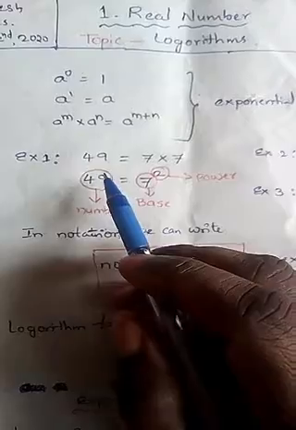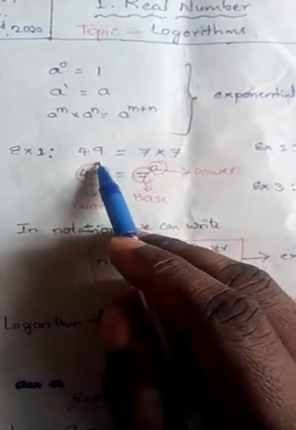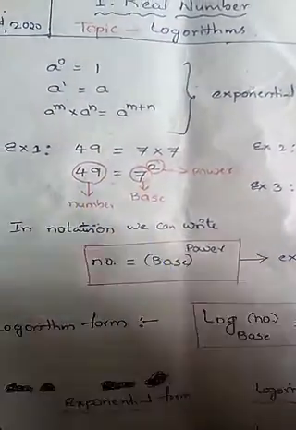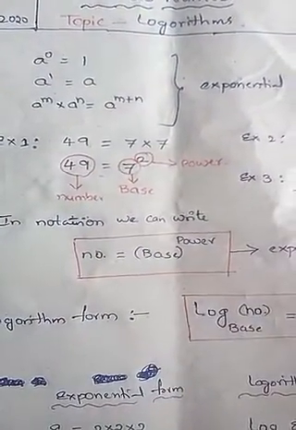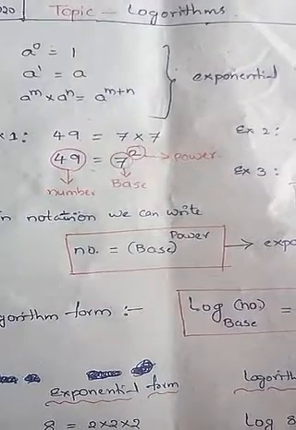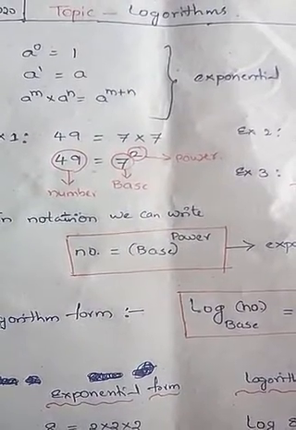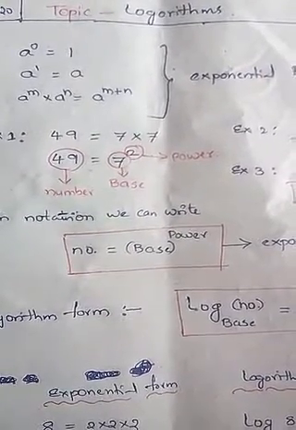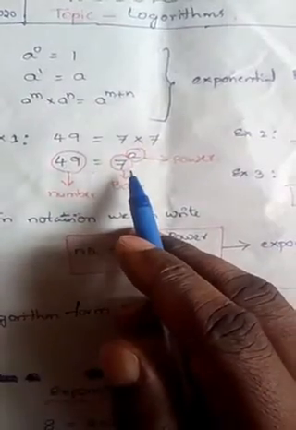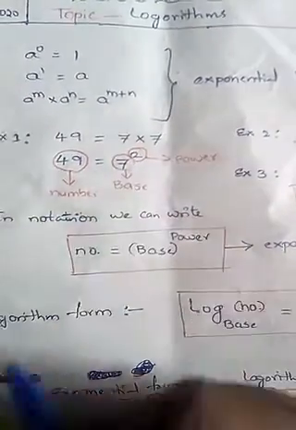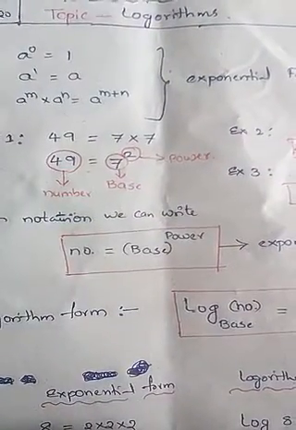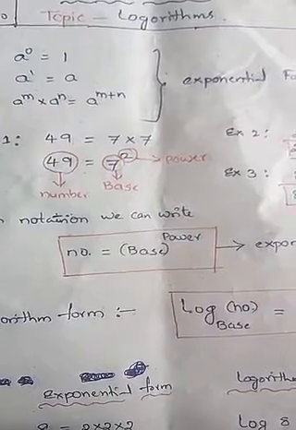Simple numbers we take here. For example, 49 equals, we can write as factors 7 into 7. Yes, 49 equals 7 into 7. We can write 49 equals 7 to the power of 2.